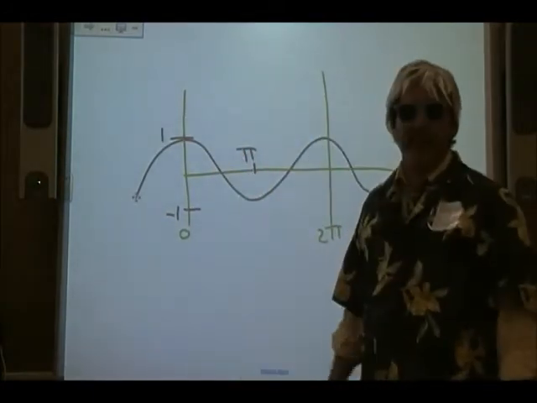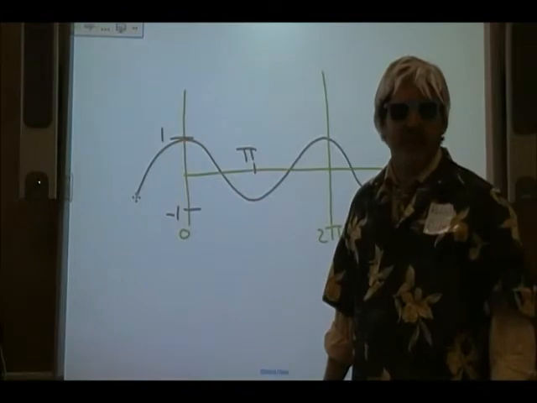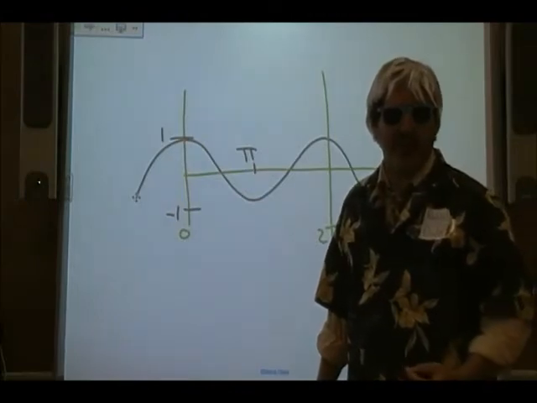Right? There it is. So let's take a review and we'll do a couple of the problems really quickly. Let's start this part over. So here's how I would graph y equals cosine x.